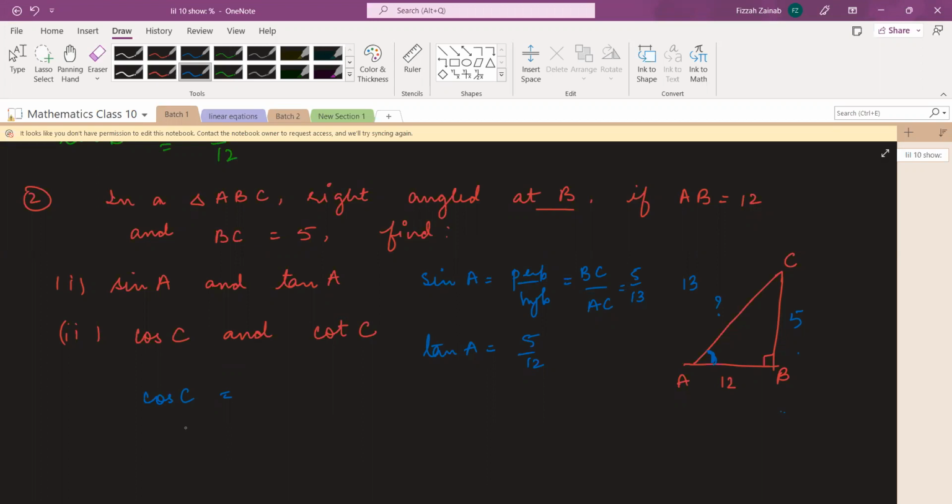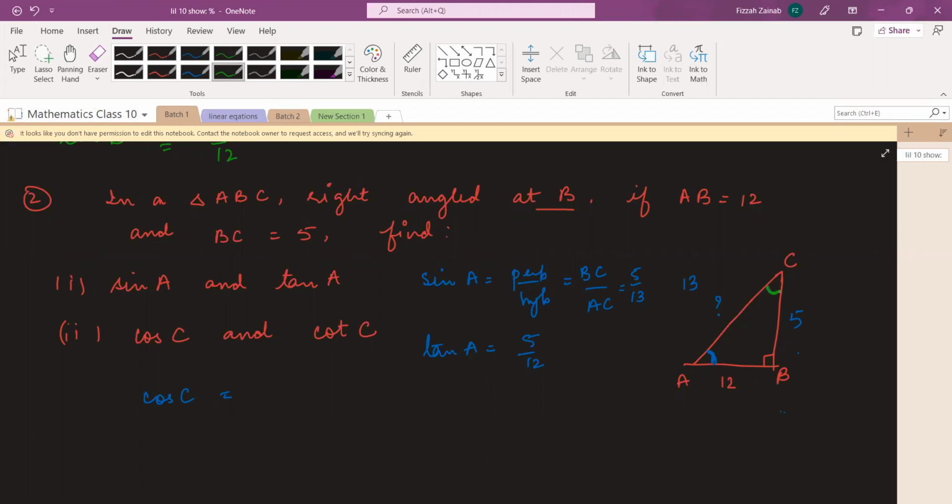No. 5 by 13. 12 by 13. No, it's also wrong. 13 by 5. No. Ma'am, is it 5 by 12? No. Why are you getting so many different answers for cos C? It has to be one answer, right?